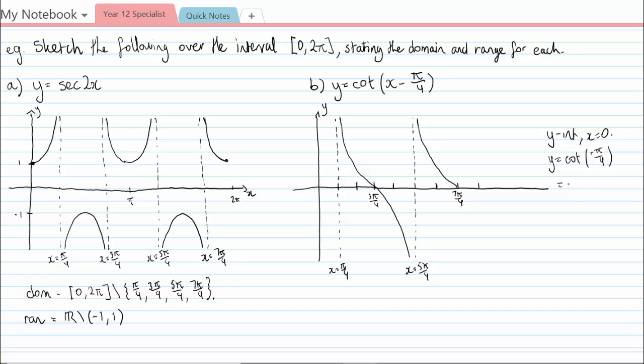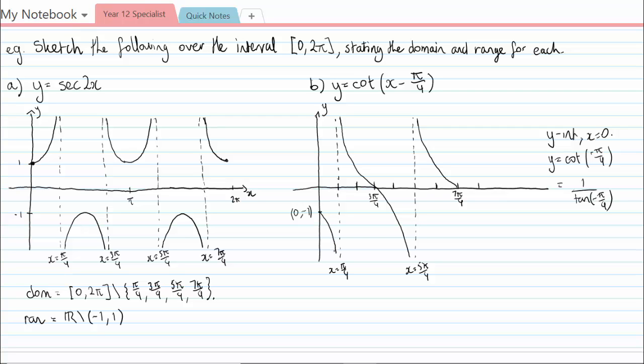So that is 1 over tan of negative pi on 4. And, well, tan of negative pi on 4 should be negative 1. So it's really 1 over negative 1, which is just negative 1. So there it is there, and we're going to have that sort of section there.